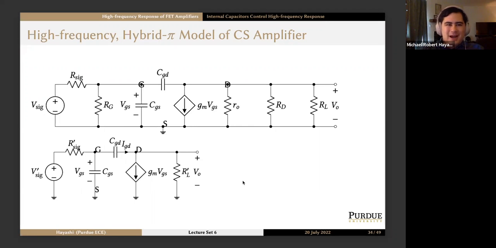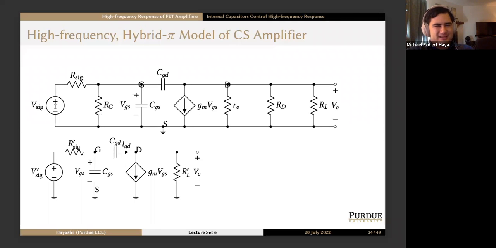So here is the high frequency hybrid pi model of the common source amplifier. We've gotten to the point in this class where we're assuming you can make a small signal circuit perfectly given the circuit, and even picture what it would look like without us drawing the circuit. So here's just the small signal model.